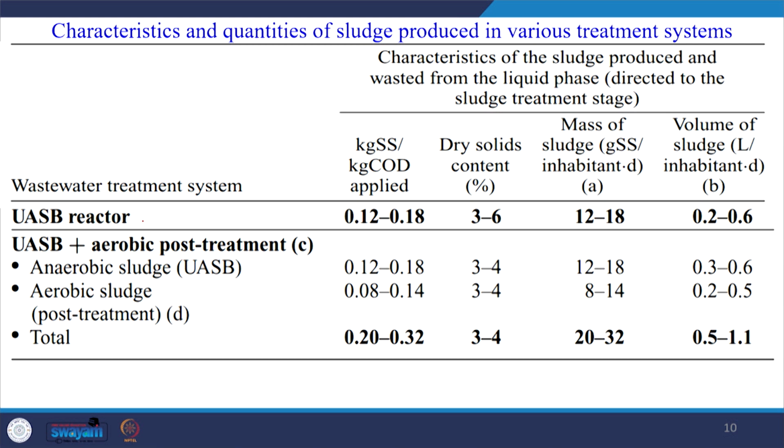Similarly, you can see in the UASB reactor very less amount of suspended solid is produced as compared to the aerated system. Then UASB plus aerobic post treatment: here some increase happens with respect to the amount of total solid which is produced per kg COD applied.